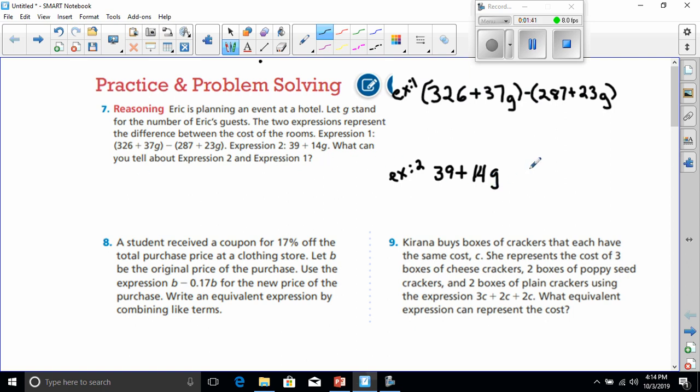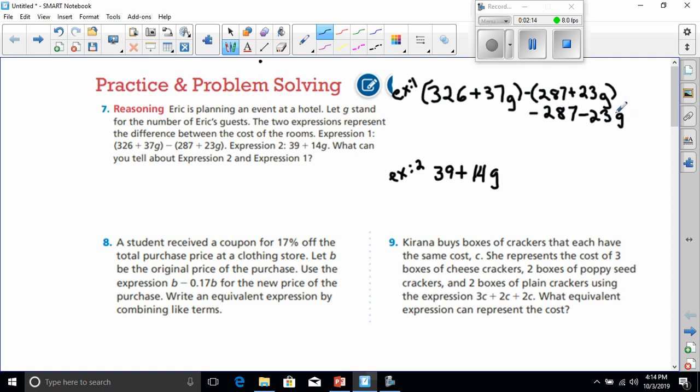Well, to do this, first we have to solve expression 1 to see if it has any characteristics equivalent to expression 2. When I subtract this expression, I have to turn all of my terms to the opposite symbol. So this would be negative 287, and because a negative times a positive is a negative, and then a negative times a positive 23G will be negative 23G.